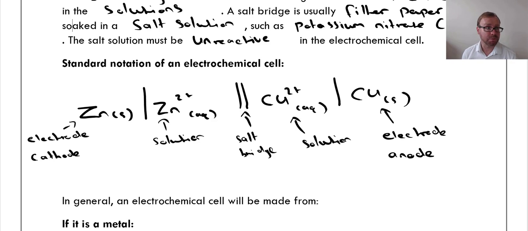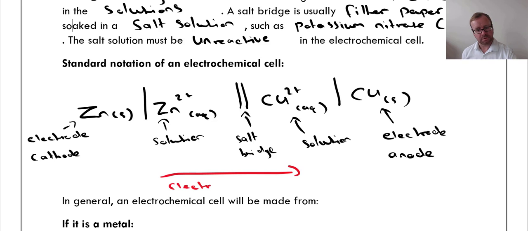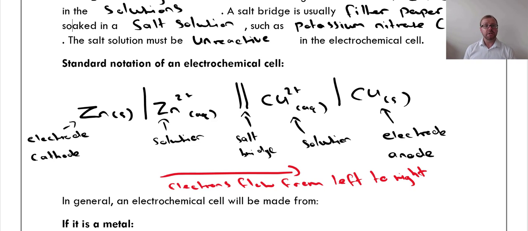In this example, because we have done the cathode to the anode, the electrons flow from left to right. So these are useful if you can't be bothered to draw out, or in books they can't be bothered to draw out the electrochemical cell. You can understand what is going on in this actual cell.